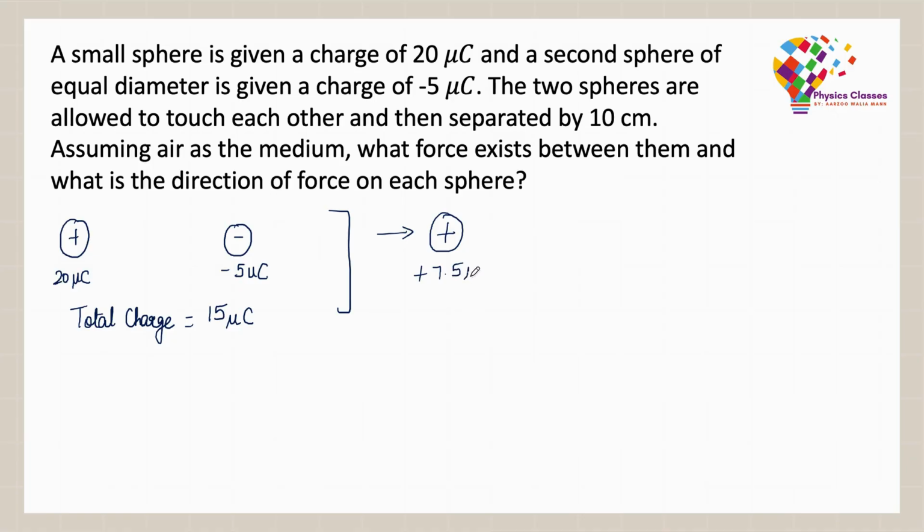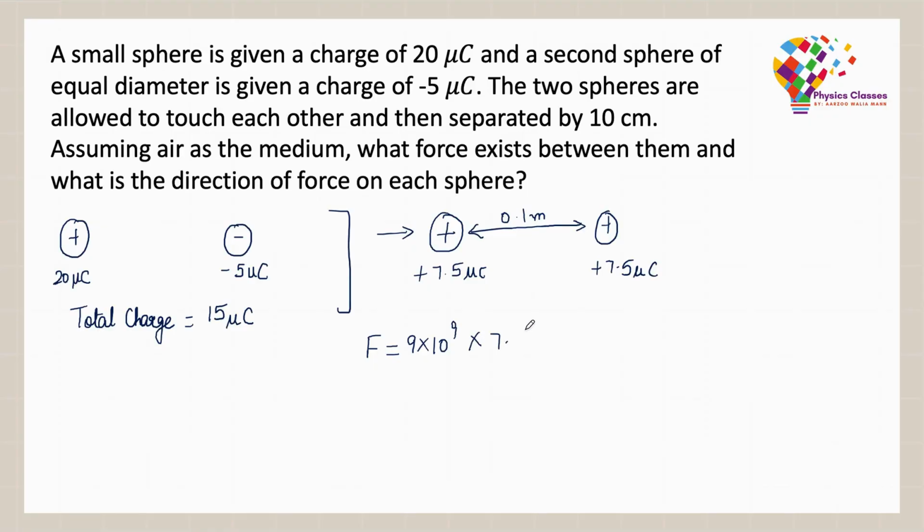So I know the value of K is 9 into 10 to the power 9. Q1 is 7.5 microcoulombs, so that is 7.5 into 10 to the power negative 6. My Q2 is also 7.5 into 10 to the power minus 6. And the distance between them is 0.1, so we'll do 0.1 square.